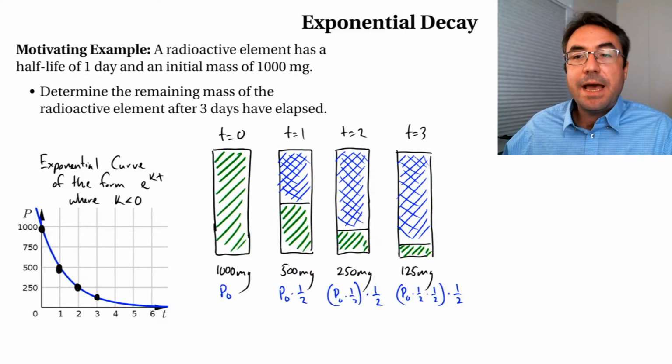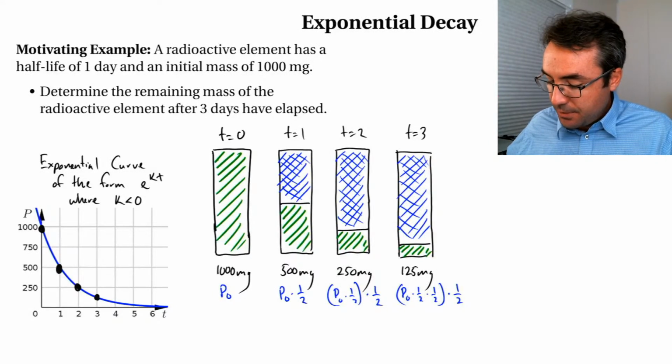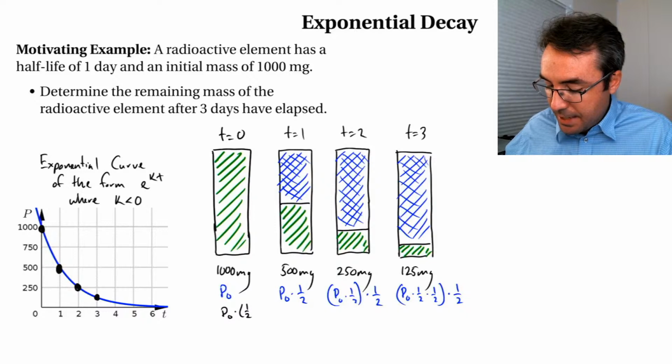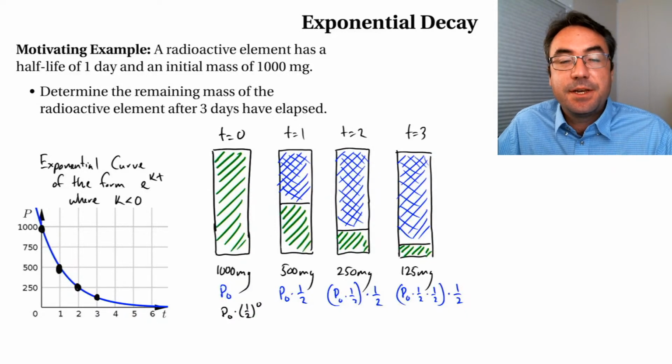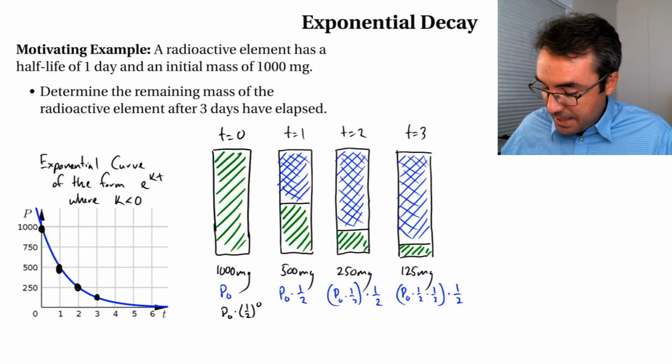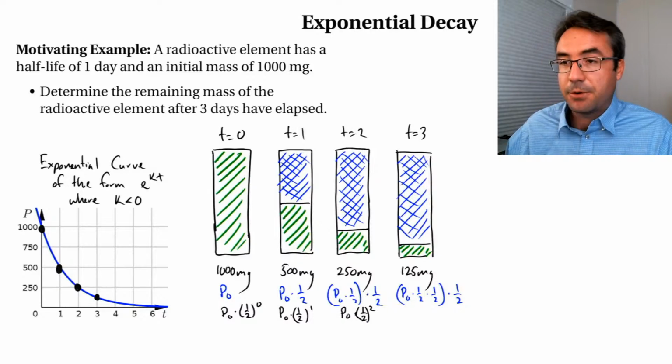And so what's happening each time a half-life goes by is we're taking our starting mass and multiplying it by a power of 1/2. In the first case, for t0, it's p0 times 1/2 raised to the 0 power. On day 1, it would be p0 times 1/2 raised to the power 1. On day 2, it would be p0 times 1/2 raised to the power 2.